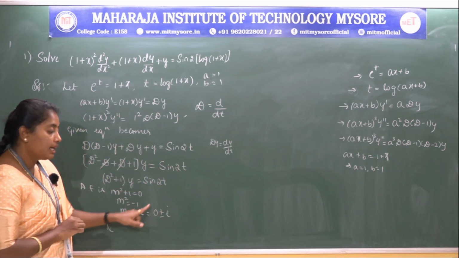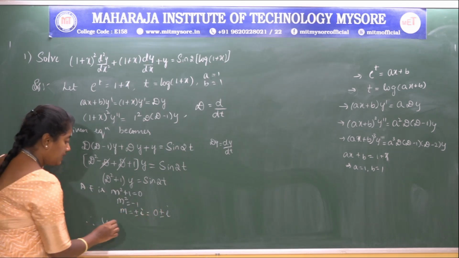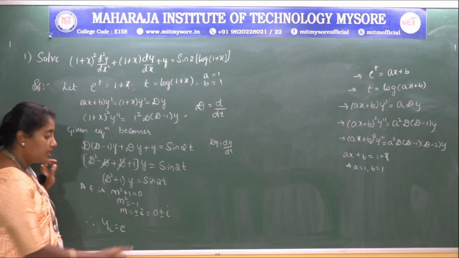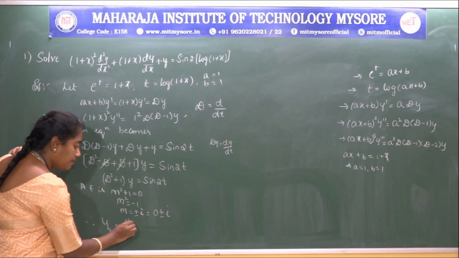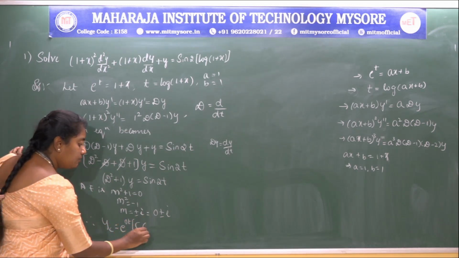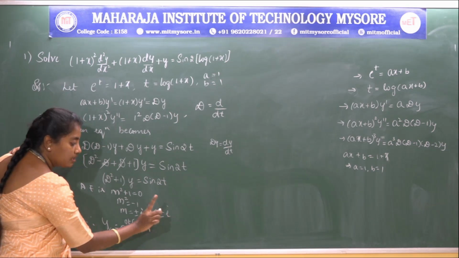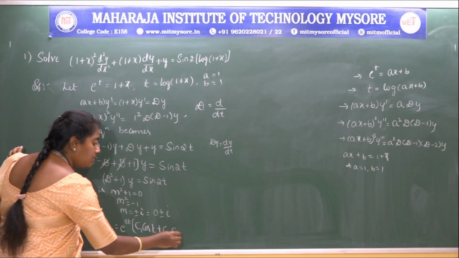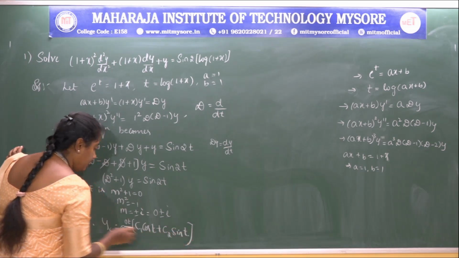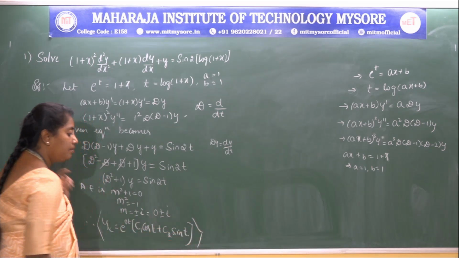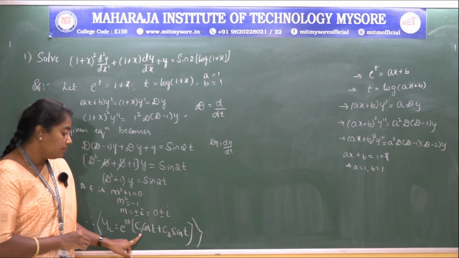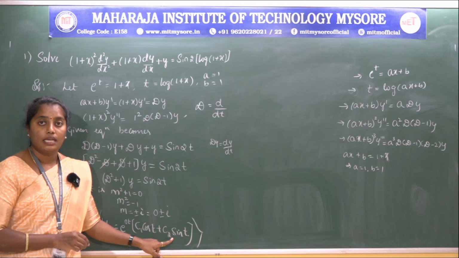So for the obtained complex root, yc is equal to e to the power of the real term, that is 0t, into c1 cos, the imaginary element is 1, cos 1t plus c2 into sin 1t. So this is the complementary function. yc is equal to e power 0t, c1 cos t plus c2 sin t.